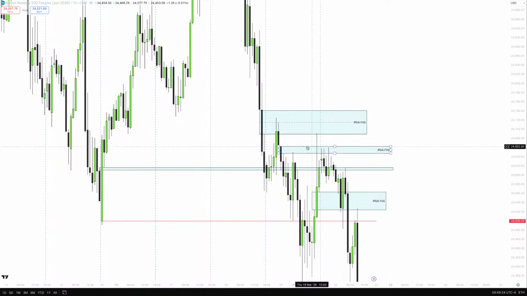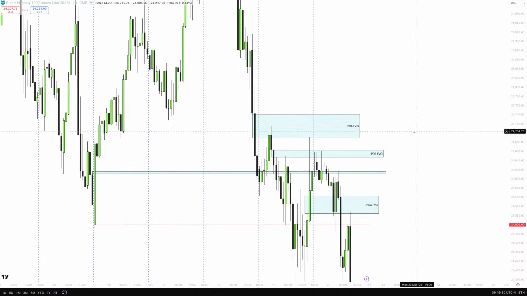But also always consider the IPTA FVGs we have above. So as soon as you see this candle right here close into that IPTA FVG, you need to look at the IPTA FVGs we have above.